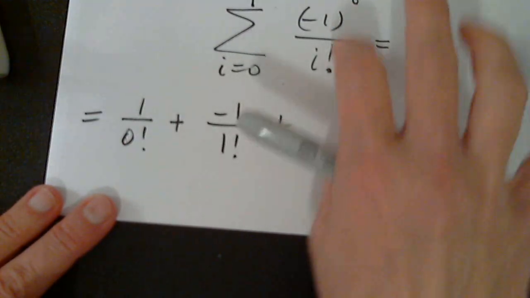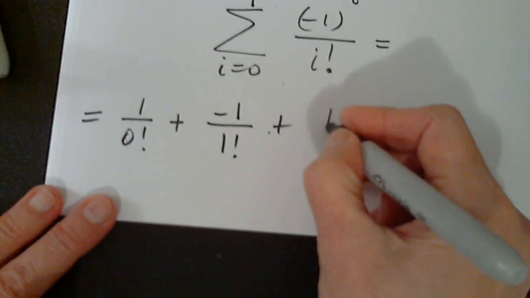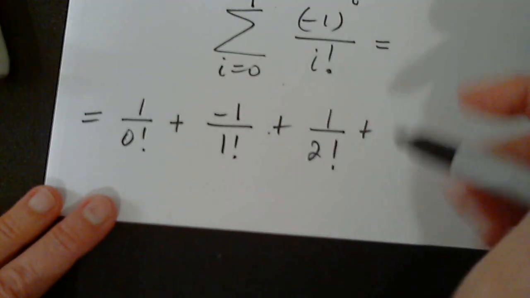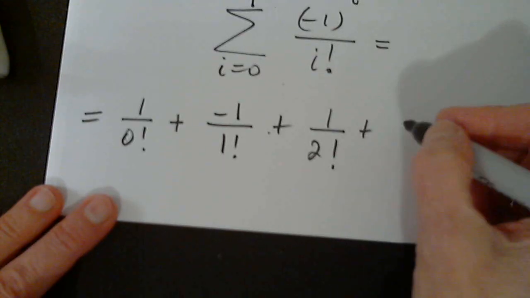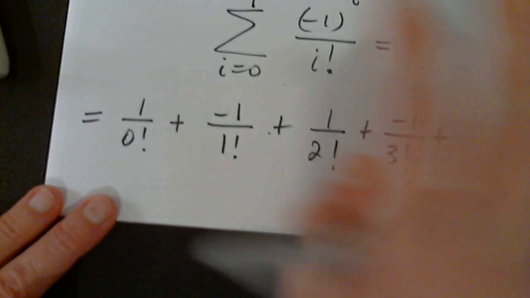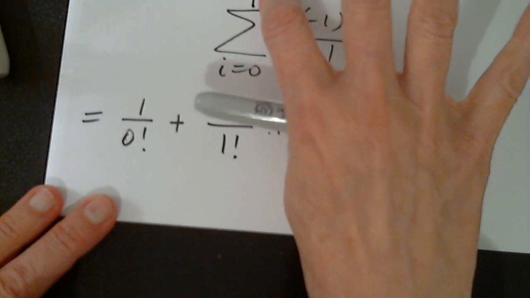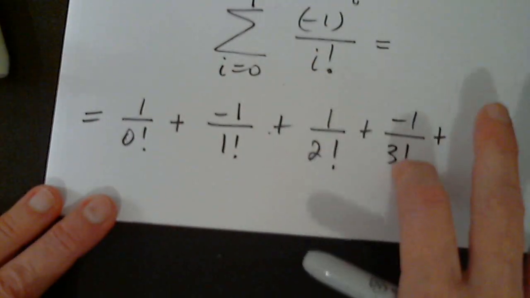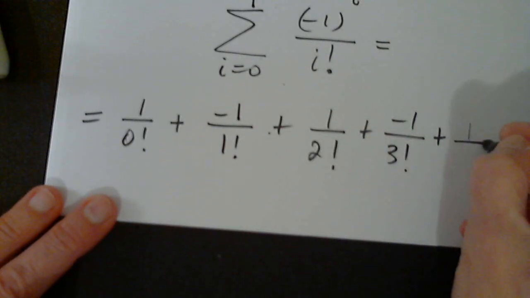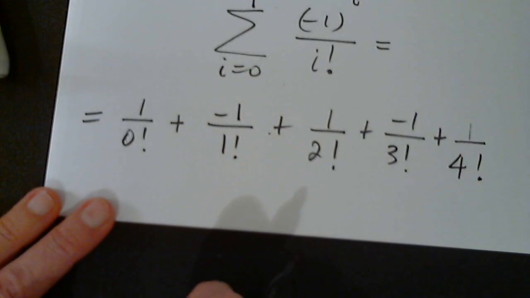When i is 2, negative 1 to the second power is 1 over 2 factorial, plus when i is 3. Negative 1 to the third power is negative 1 over 3 factorial, plus finally when i is 4. 0, 1, 2, 3, 4, and I have to stop. Negative 1 to the fourth power is 1 over 4 factorial.